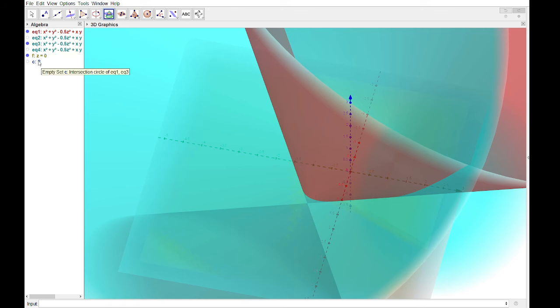It just says intersection circle empty set, which is wrong.